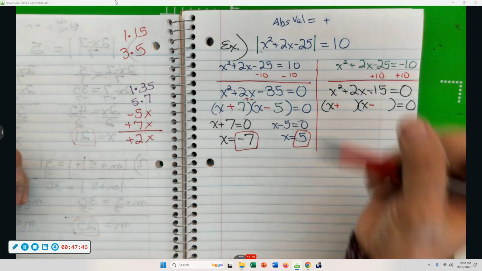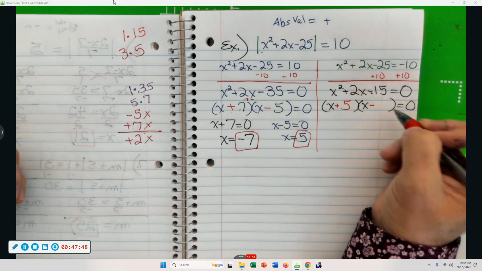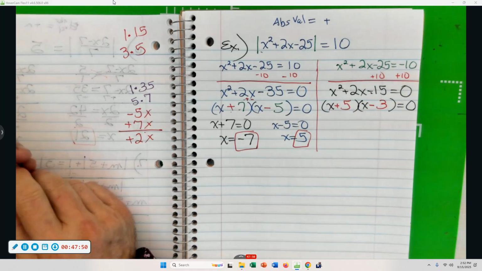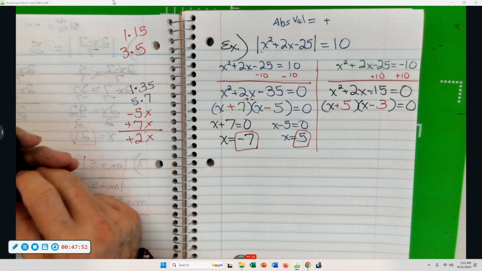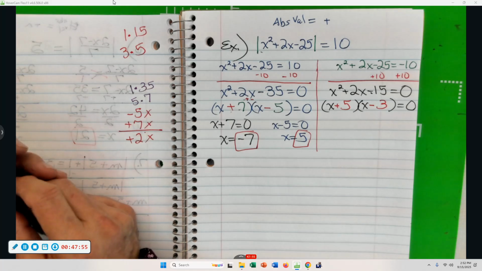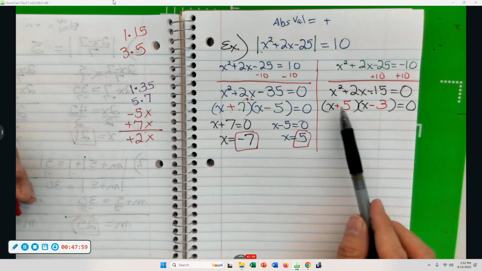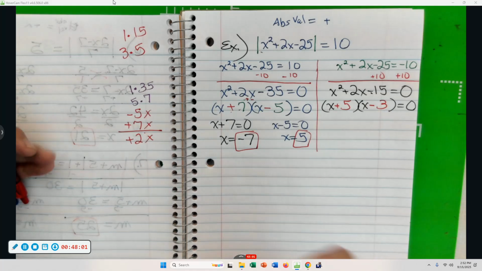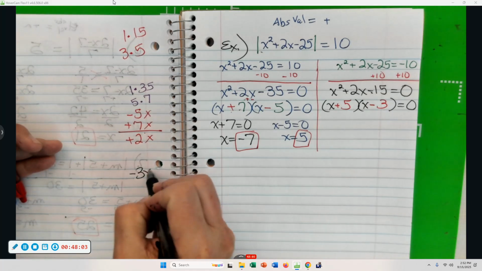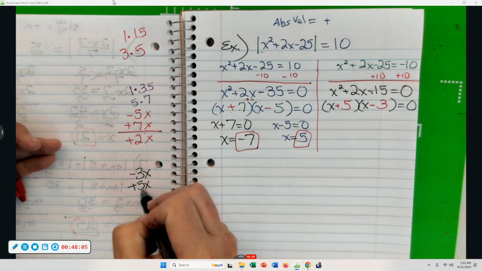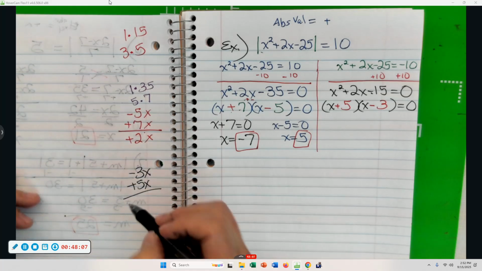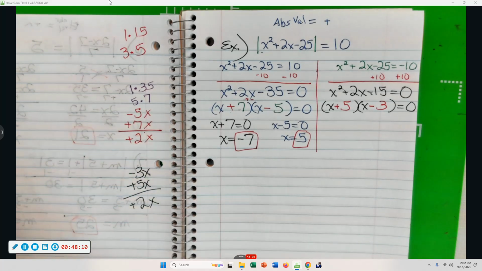The plus, the larger number, 5, and then the smaller number. And once again, if you want to check, the outer product is negative 3x. What's the inner product? Positive 5x. Negative 3 plus 5 gives me a positive 2x.